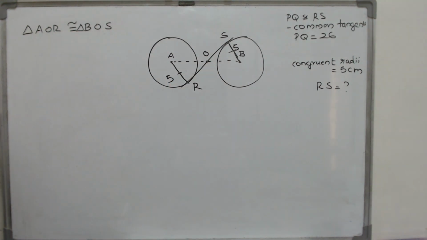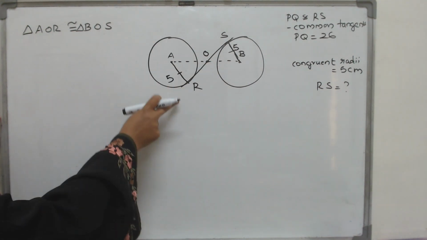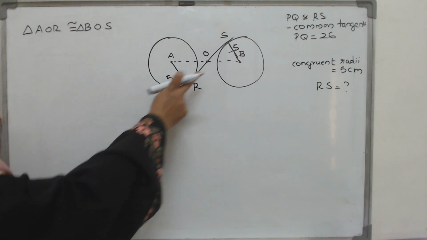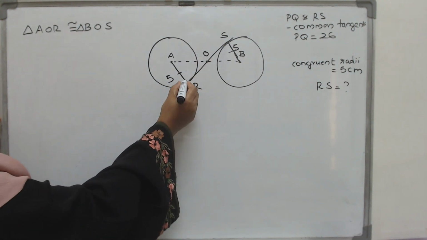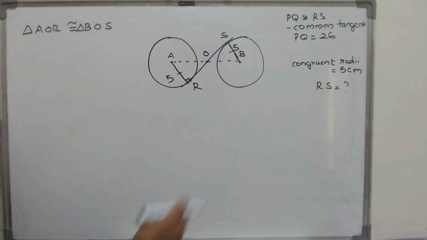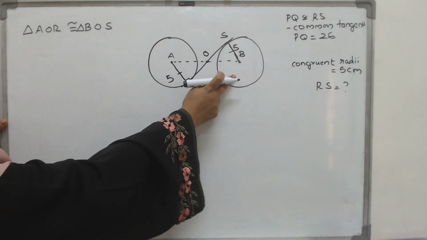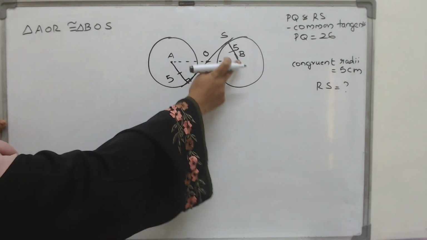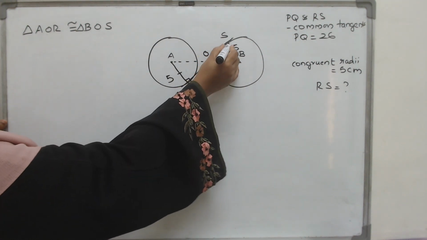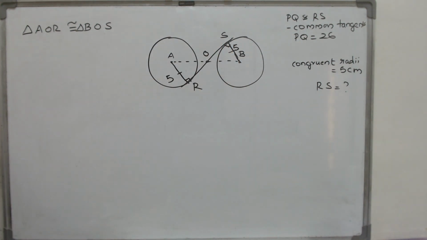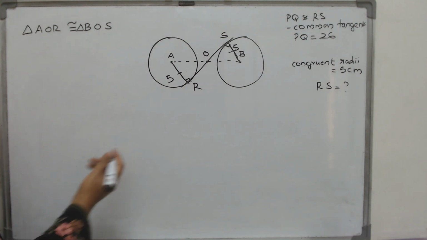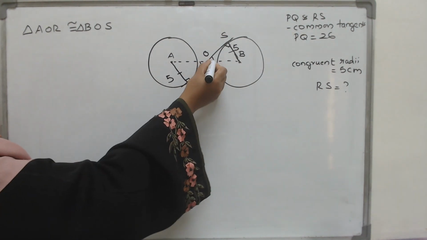We already know that if you take this circle, you will see that the radius and the tangent meet each other at right angles. And if you look at this circle, you will see that the radius here and the tangent here meet each other at right angle. Then what? Which two angles are same? These two angles. Why?